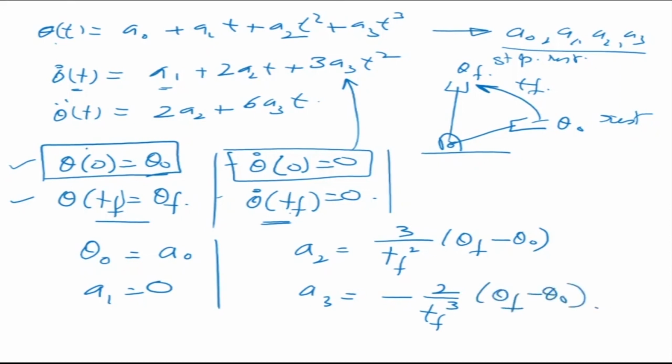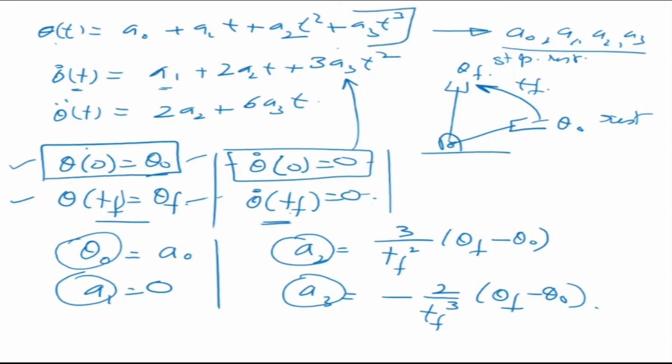So I have solved for the four constants, right? a0, a1, a2, and a3. So now we can write our equation in terms of these, provided I know the start point, end point, start velocity, and end velocity. Okay, so having known this, I have solved for the constant values of this equation.